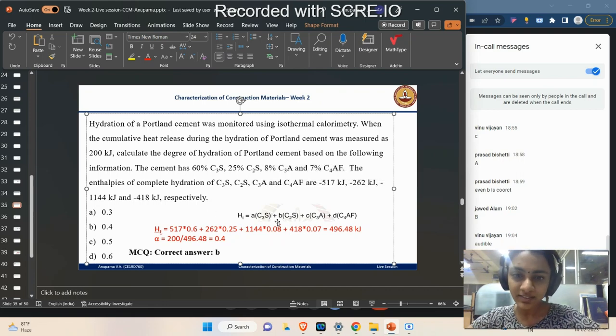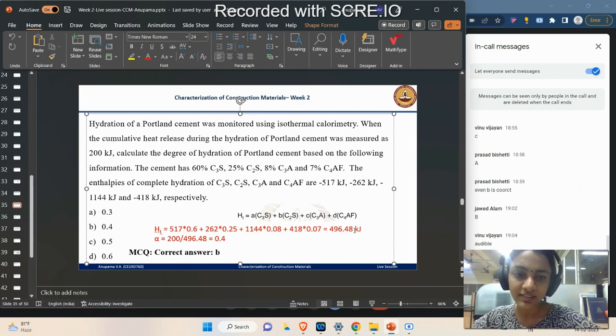It just means the percentage of C3S into its particular enthalpy, plus percentage of C2S into its enthalpy, plus C3A into its percentage, plus 418, that is the enthalpy of C4AF, into the percentage of C4AF in the cement. So the percentage of the Bogue compound into their corresponding enthalpy, the sum of all that will give you the HT, or the heat release.